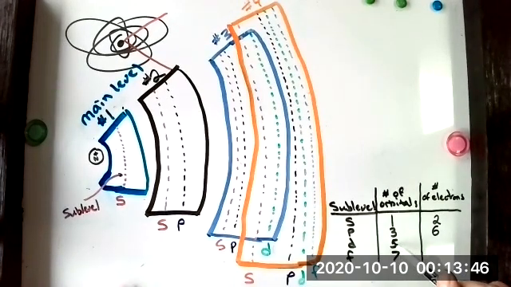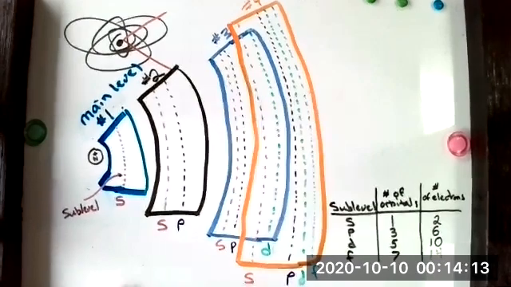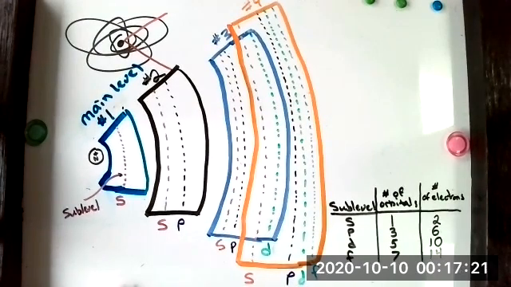A D has 5 orbitals, well, 2 electrons per orbital. A D sublevel can only hold 10 electrons and no more. You cannot put 11 electrons in a D. It doesn't fit. In the F, 14. Okay, I'm going to pause here for questions.